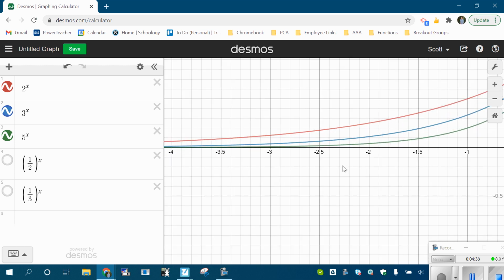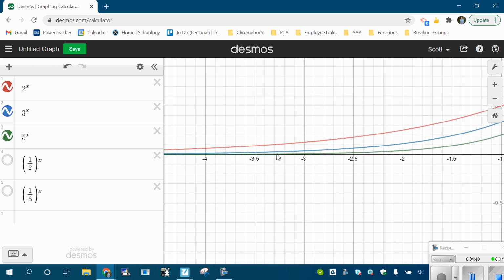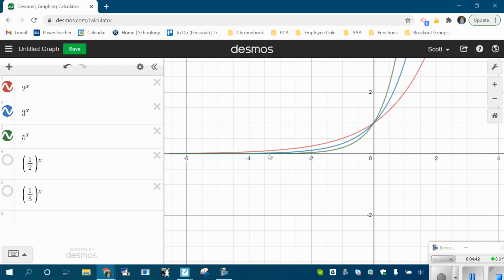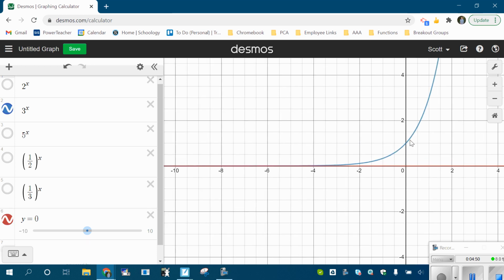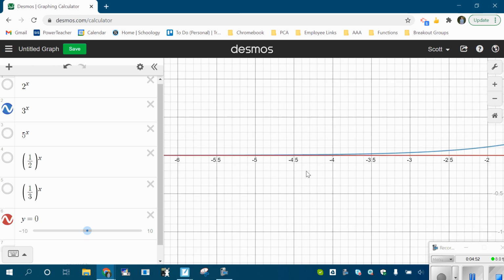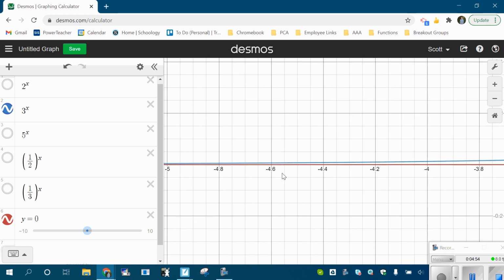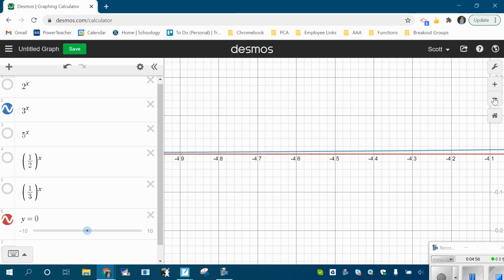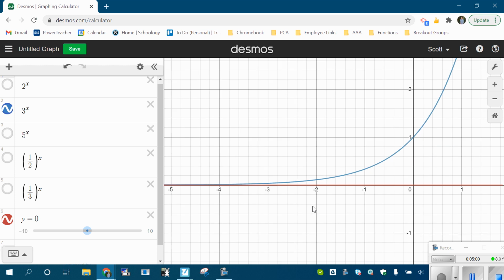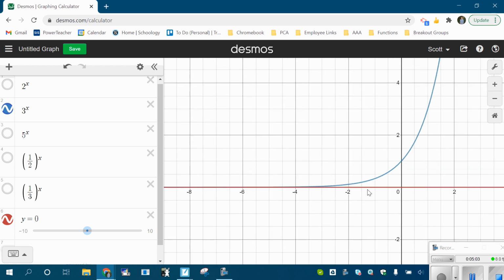If you zoom in real far, they're getting super, super close to 0, but they actually never touch 0. And that's because y equals 0 is an asymptote for these graphs. It's this horizontal line that the graph gets really, really close to, but it never touches. And that's what an asymptote is. It's a line your graph gets close to, but it never touches.